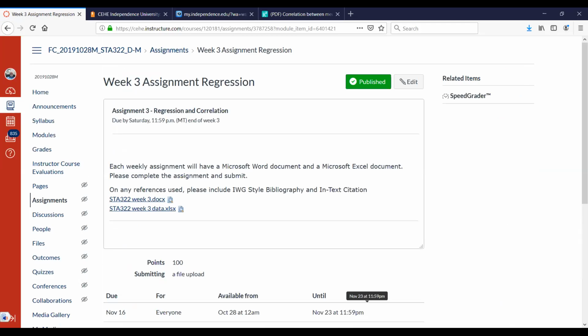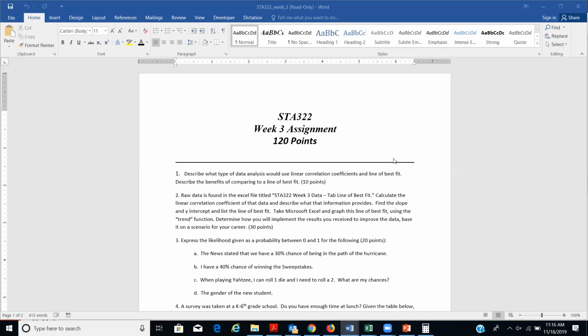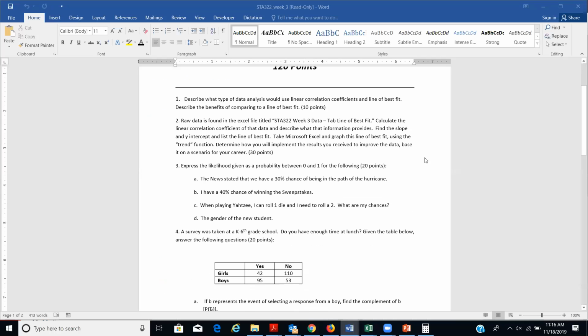Let's see about week 3. We'll bring that up. We looked at the data for week 3. So what we're looking at here is the raw data for week 3.